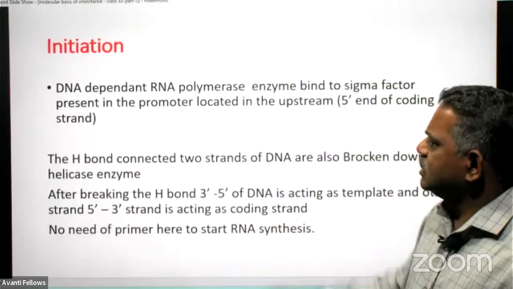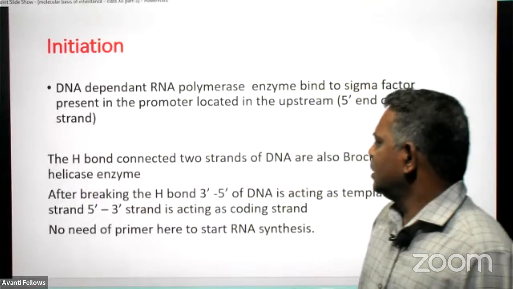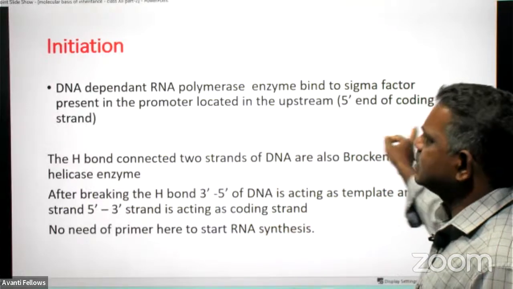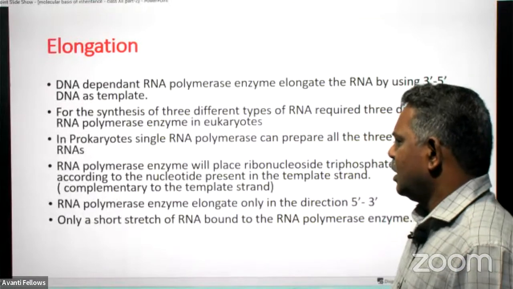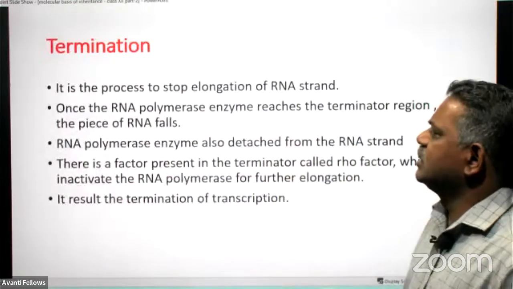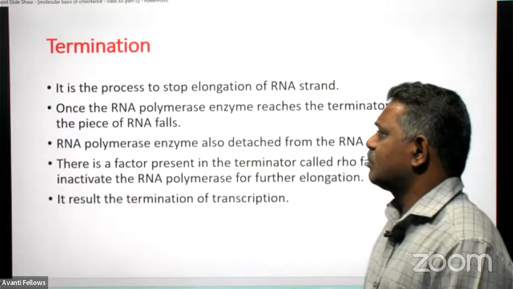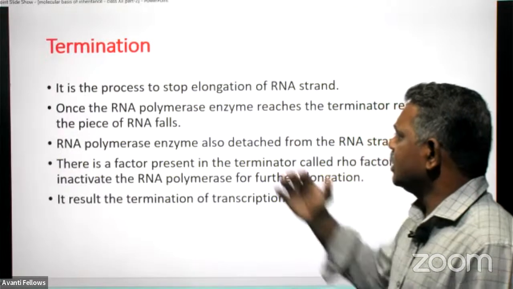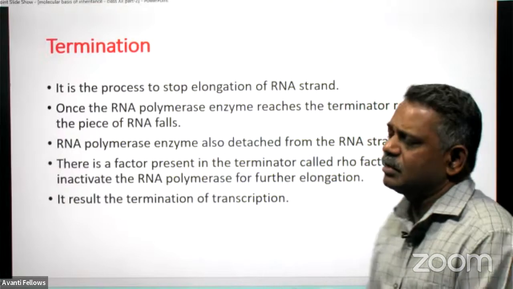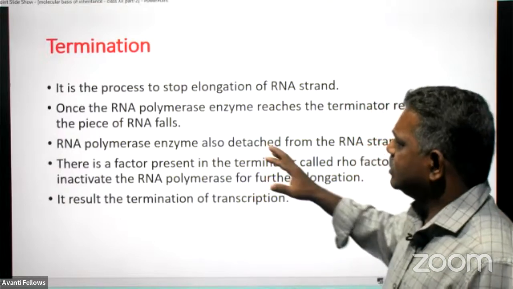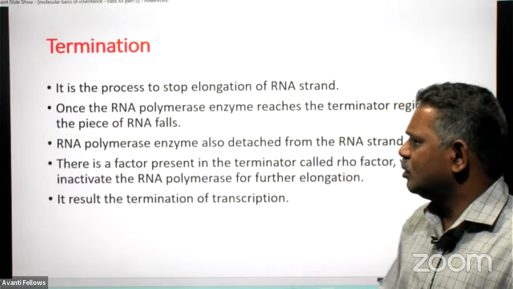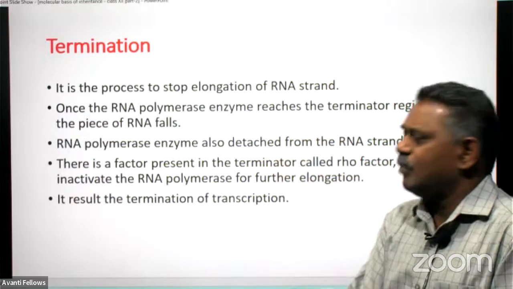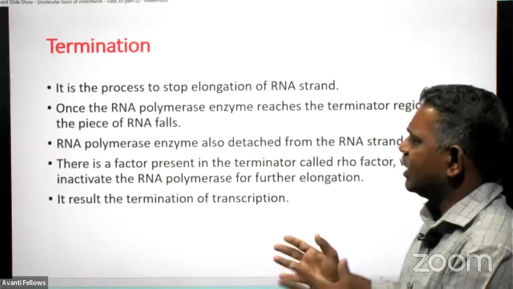This is the initiation, and I think you already discussed it, and this is the elongation, and the next one is the termination. It is the process to stop the elongation of the RNA strand, and once the RNA polymerase enzyme reaches the terminator region, as I told you, that piece of RNA falls off because there is a factor present there.